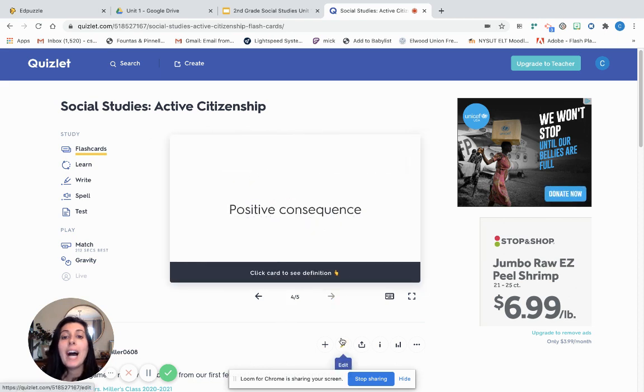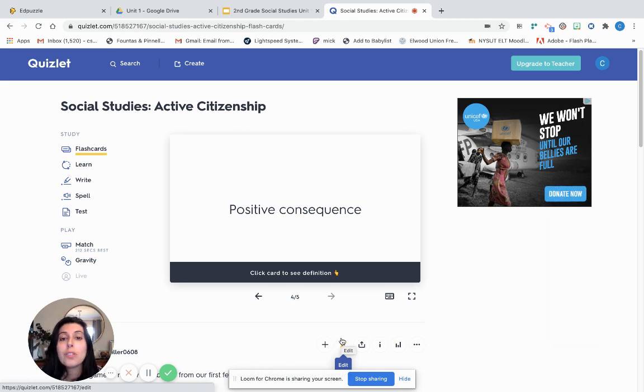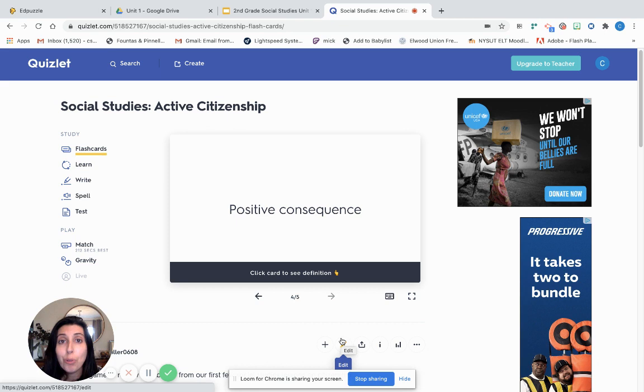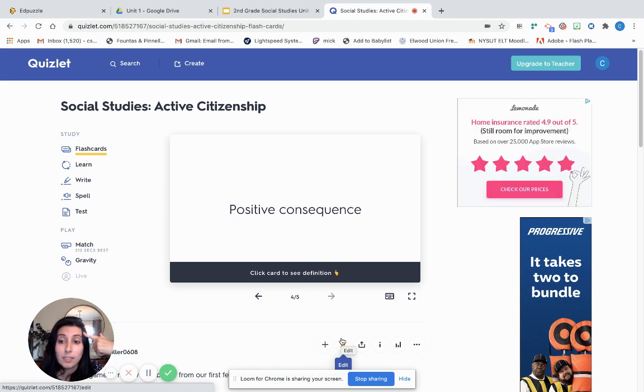Next up is positive consequence. What does that term mean to you? Think. When I say go, you'll share out what you think it means. Ready, set, go.